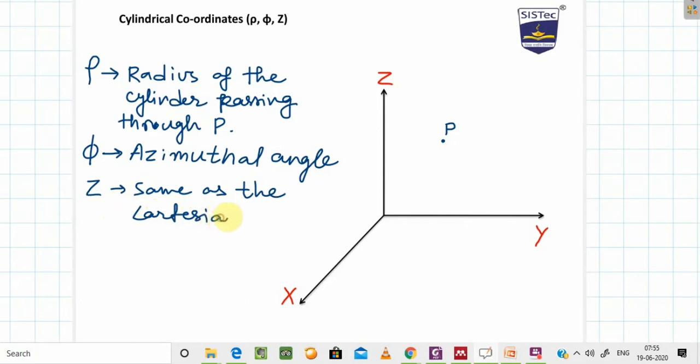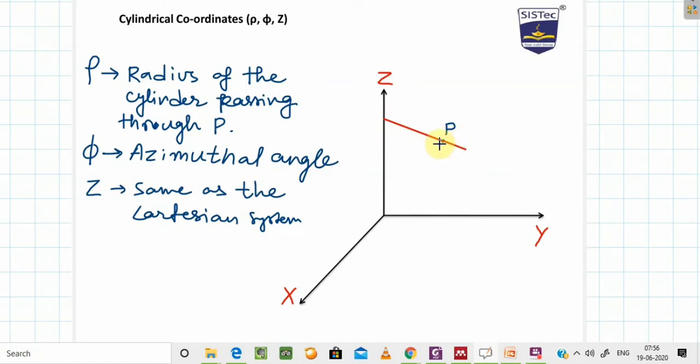Okay. So in this way, now we have to represent it. How can we make it? Fine. So let's say we have to take a line that is the radial distance from P. And the direction of the unit vector will be in this direction.